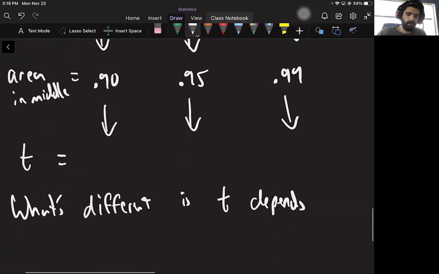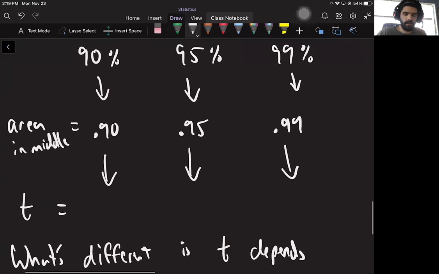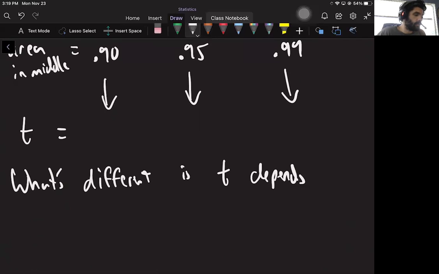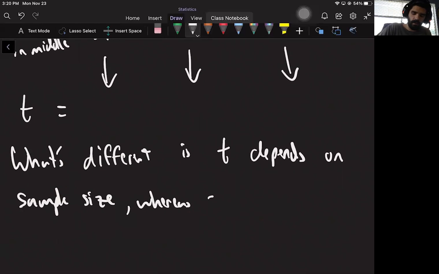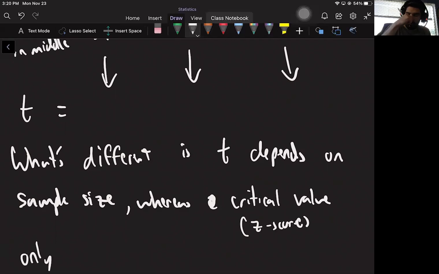But the t-score for 95% confidence will change depending on the sample size. So the z-score only depends on confidence level.